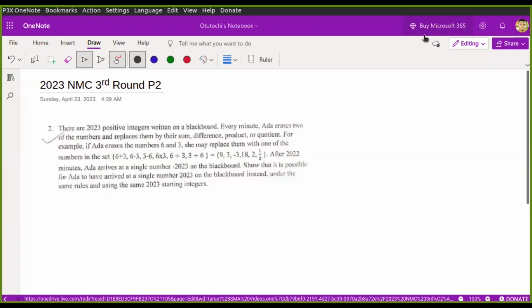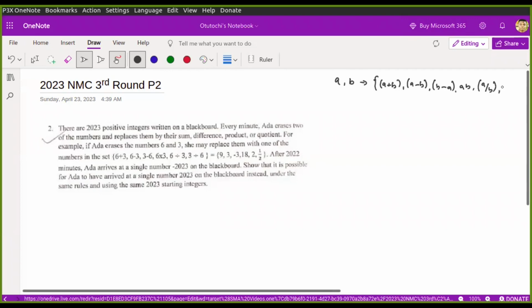From the example that was given, basically if we have A and B, then we can replace them with either A plus B, A minus B, B minus A, AB, A over B, or B over A.